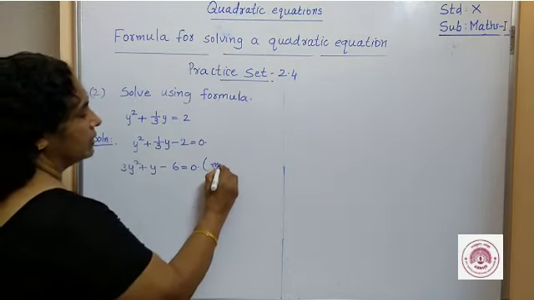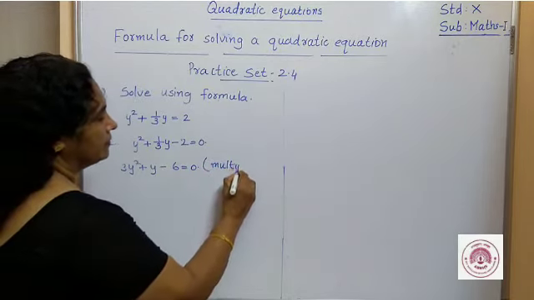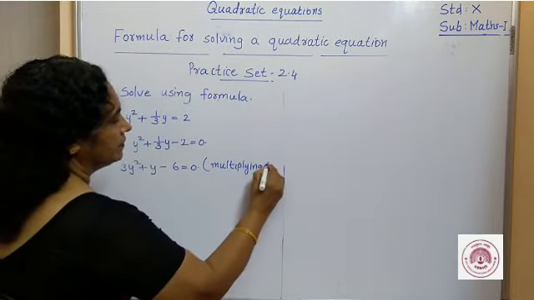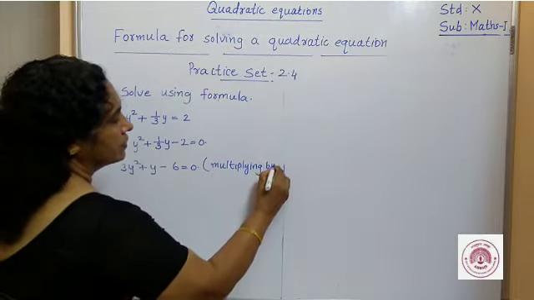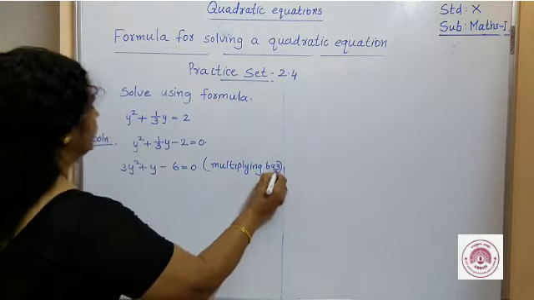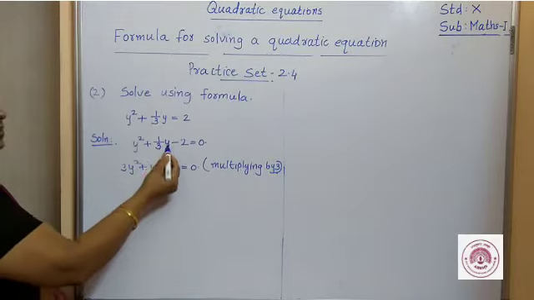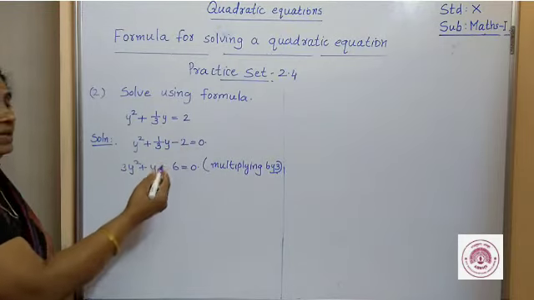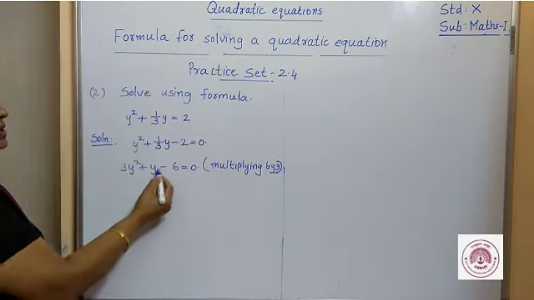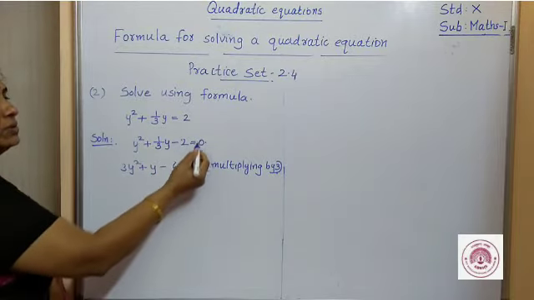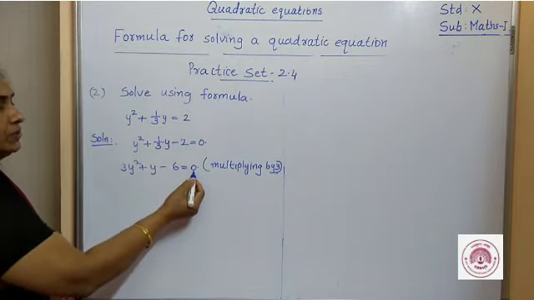That is multiplying by 3: 3 into y square, 3y square, plus 1 by 3y into 3, that 3 will get cancelled, only y is remaining, minus 3 into 2 is 6, is equal to 3 into 0 is 0.